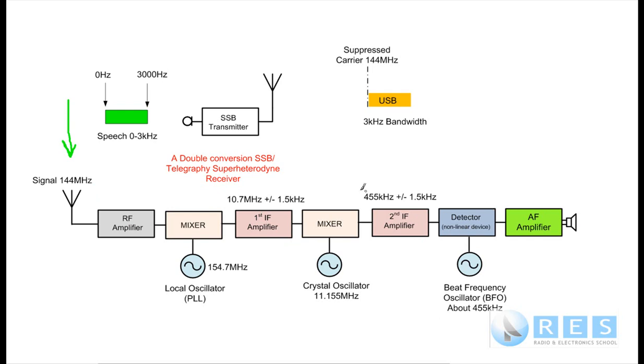So we need a way of automatically controlling the gain of the receiver so that it can cope with strong signals and weak signals at the same time. For example, we might be talking to a radio amateur who lives 2 kilometres away, and at the same time we're communicating with someone from overseas.